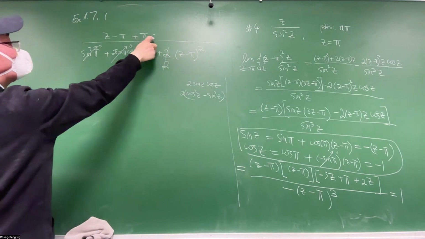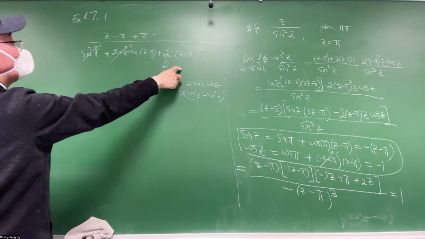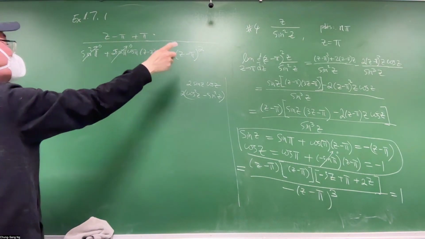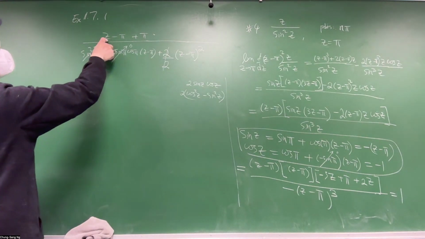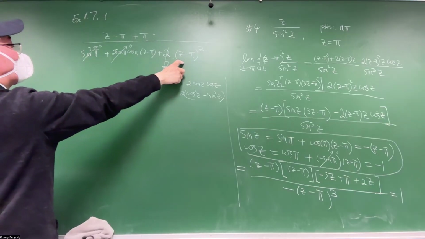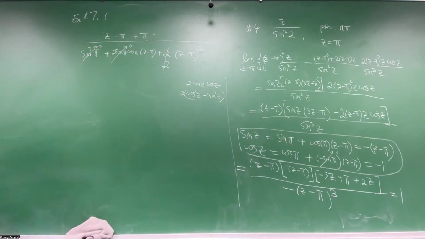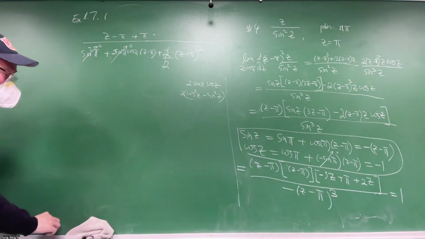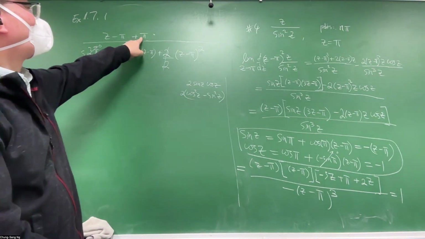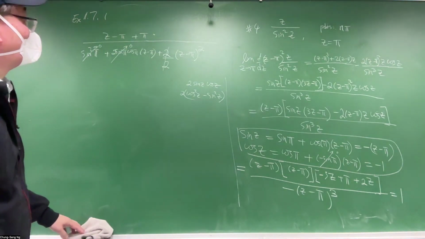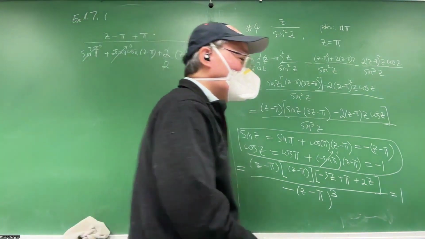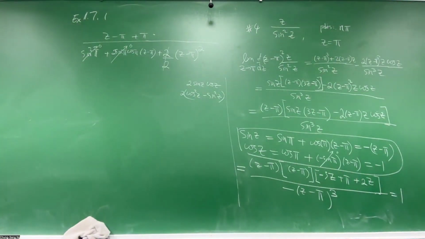Oh yeah, you need to find the a minus 1 first. The a minus 1 is (z minus pi) divided by (c minus pi) squared, so it's 1. The coefficient of a minus 1. This pi is the coefficient a minus 2. Right. So another way to do it is like that.